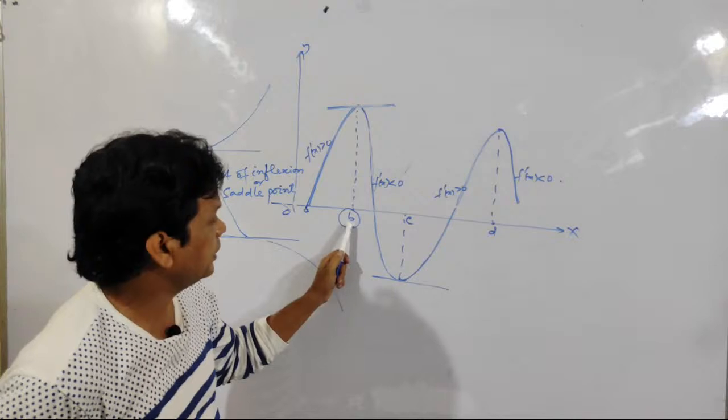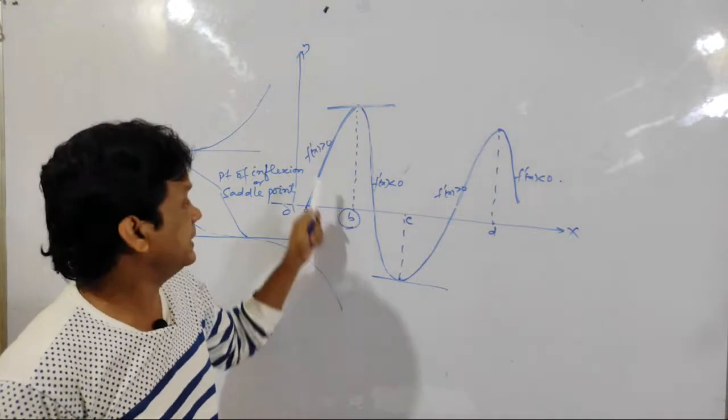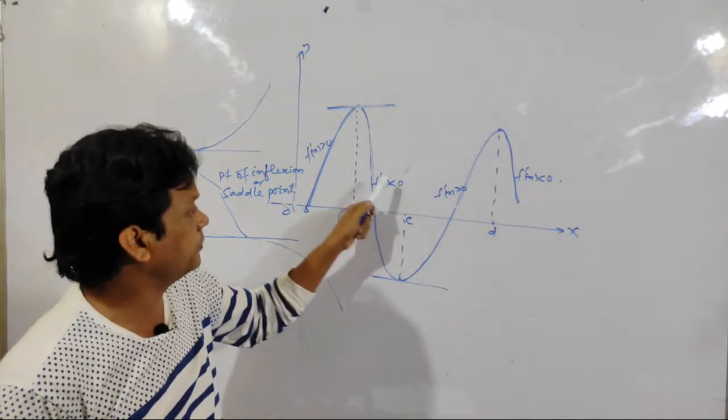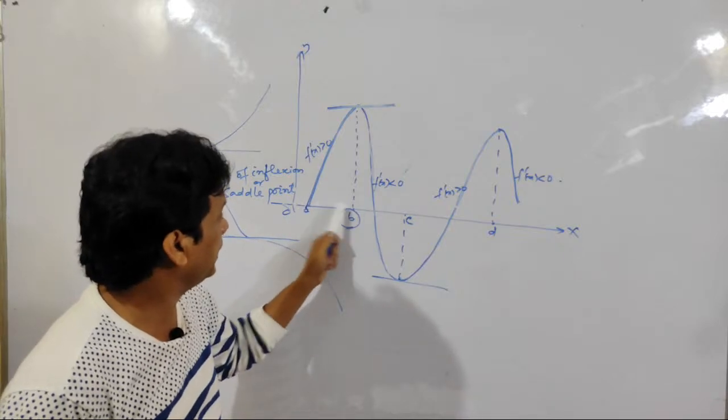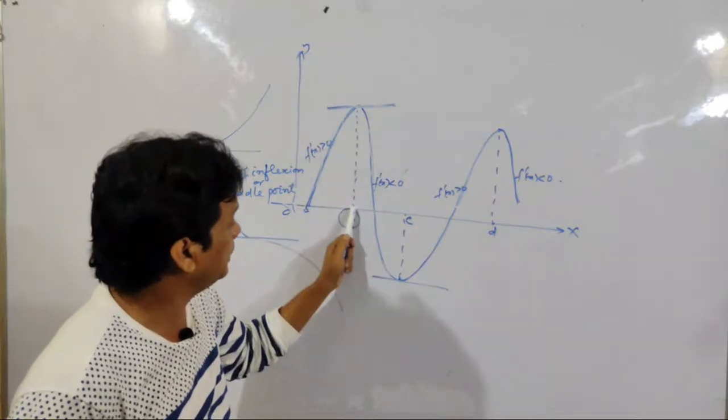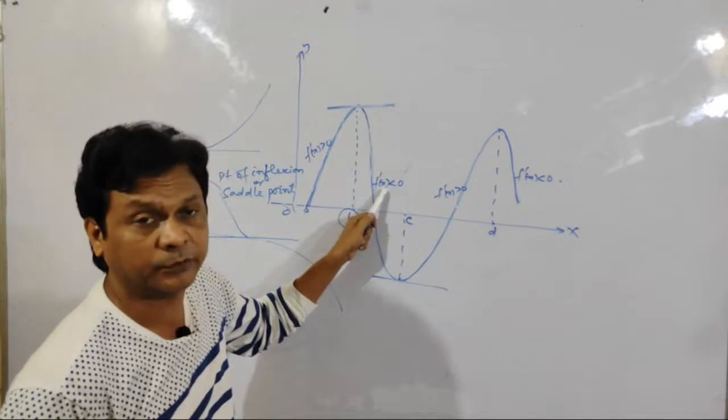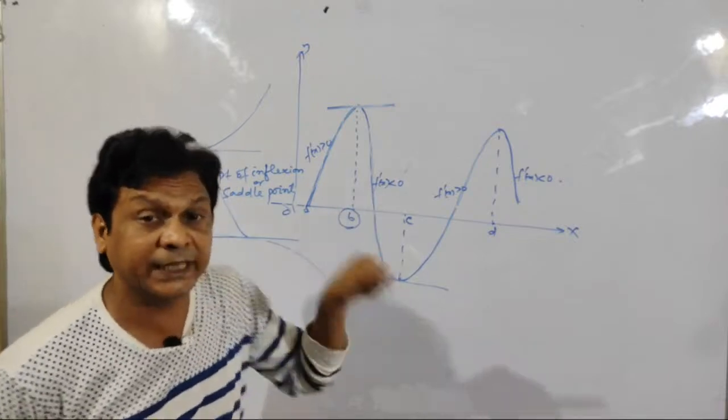Clear? So while passing through x is equal to b, the sign of the derivative changes from positive to negative, because from this point to this point the derivative is positive, and from this point to this point the derivative is negative. So at b it changes the sign.